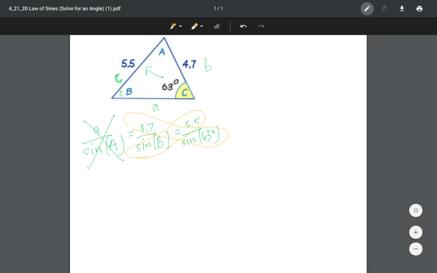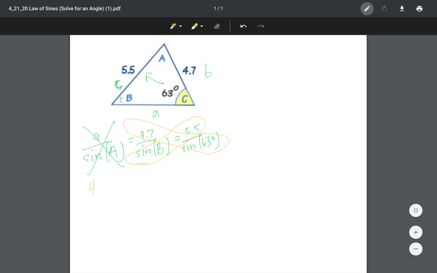That gives us 4.7 sine of 63 degrees equals 5.5 sine of B. If I'm trying to eventually get B by itself, I can then divide both sides by 5.5.